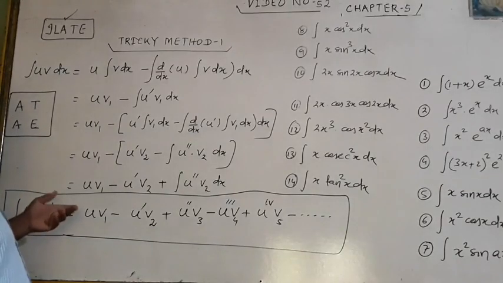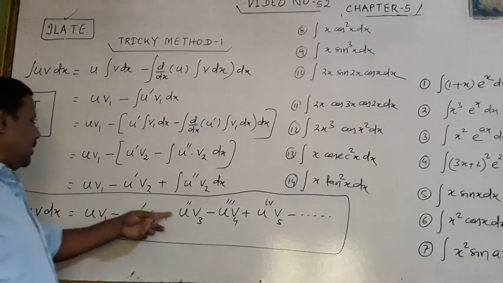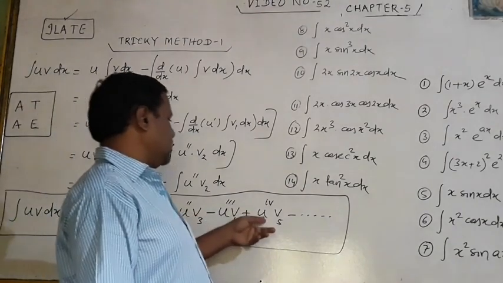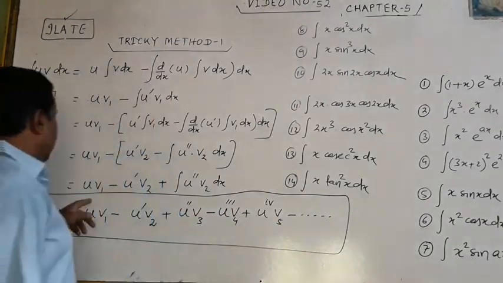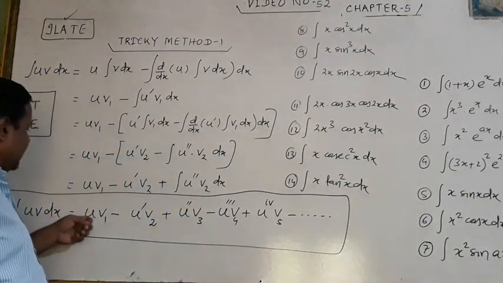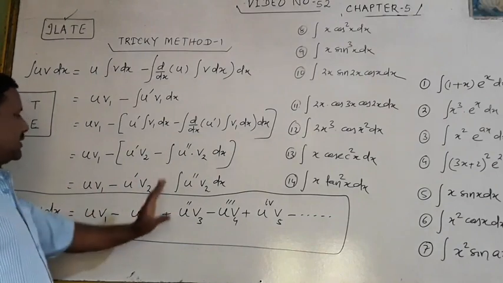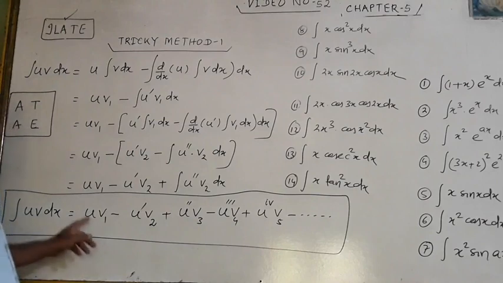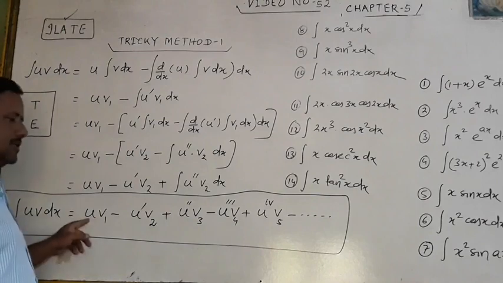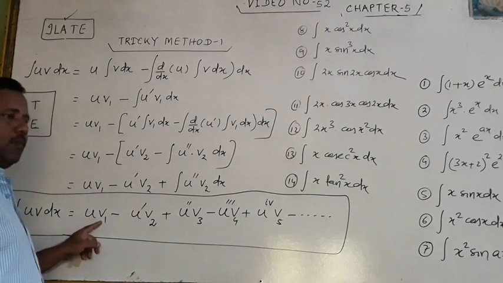Now it is u v1 minus u dash v2 plus u double dash v3 and so on. In the first, integration of second, so u v1. From this you will start to the end. First keep as it is, integration of second is v1.